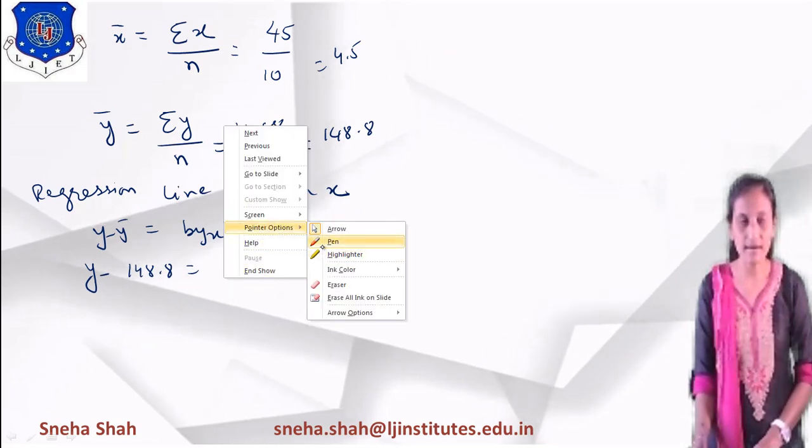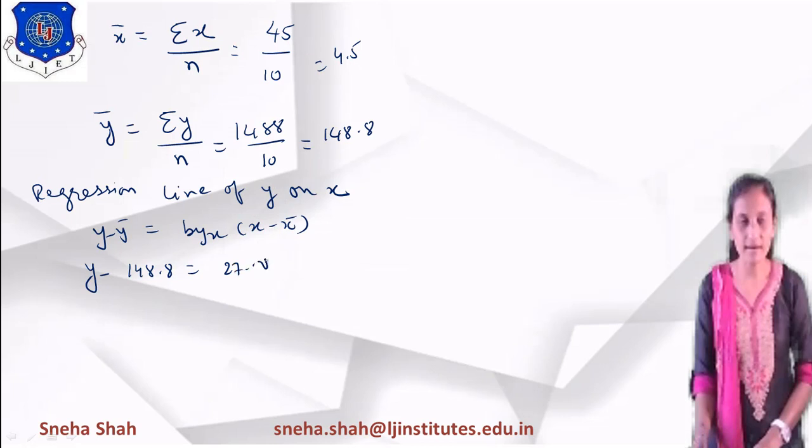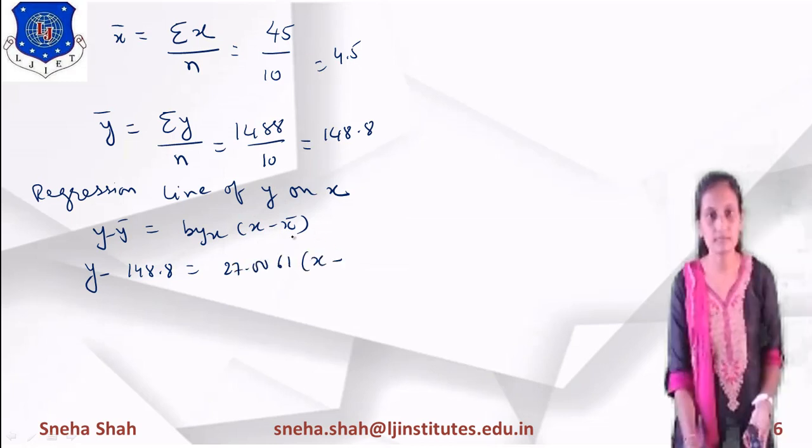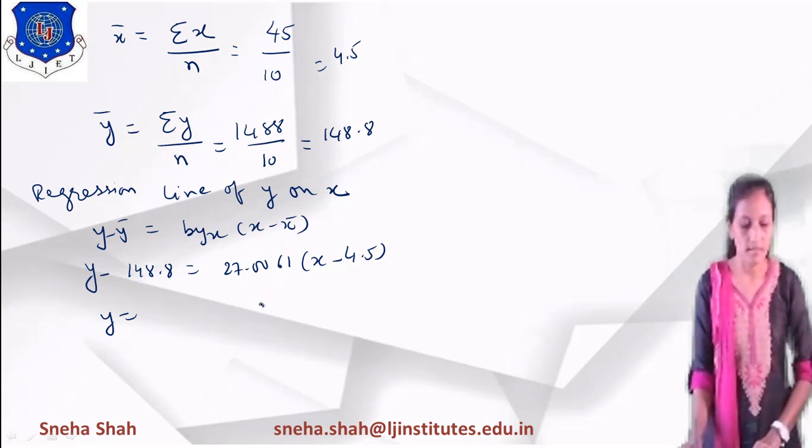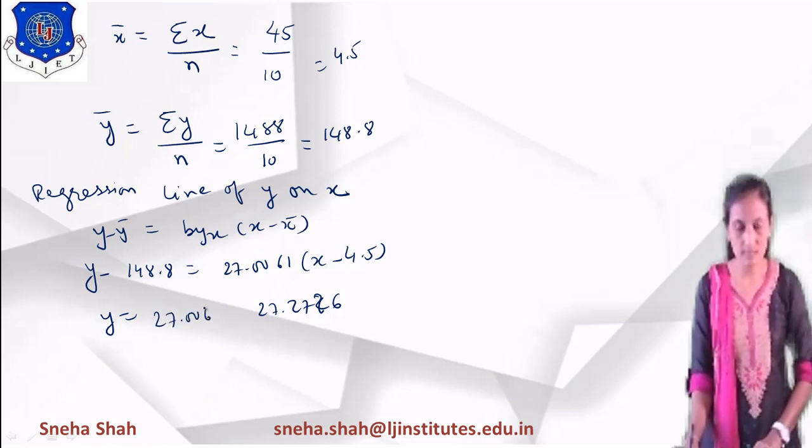27.0061, right? So I am putting this value over here, so the term will be 27.0061 times (x minus x bar). What is the value of x bar? 4.5. So if I simplify this, y equals 27.0061 times minus 4.5 plus 148.8, which equals 27.2726.